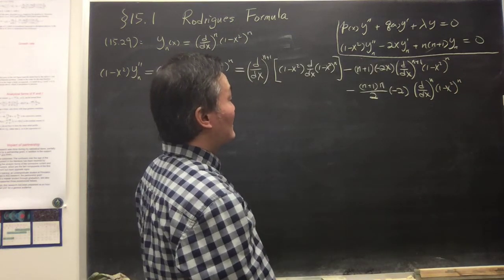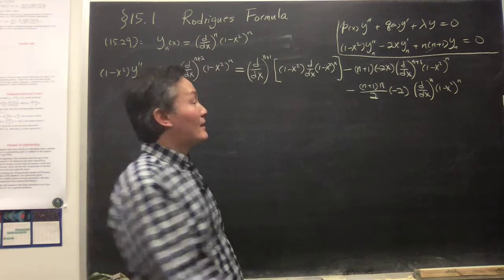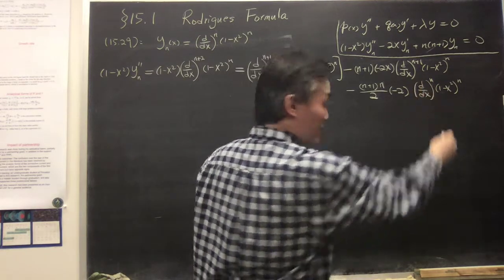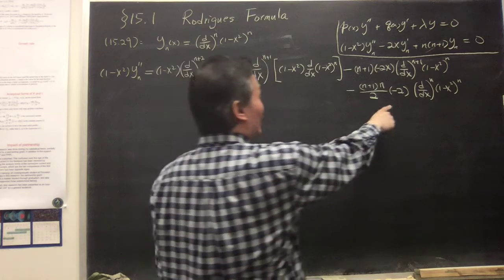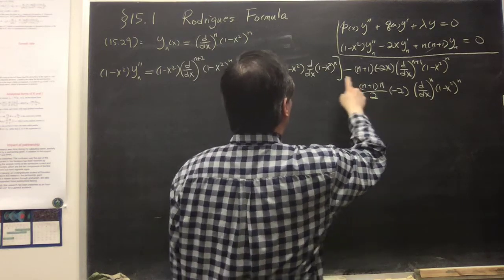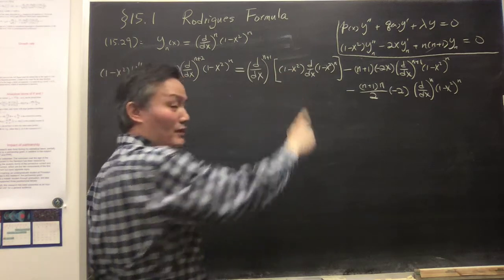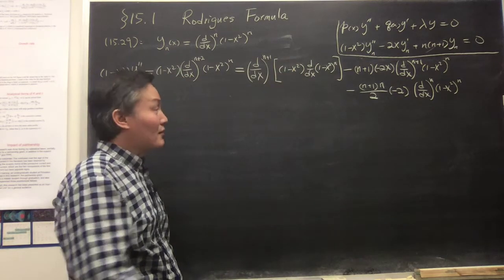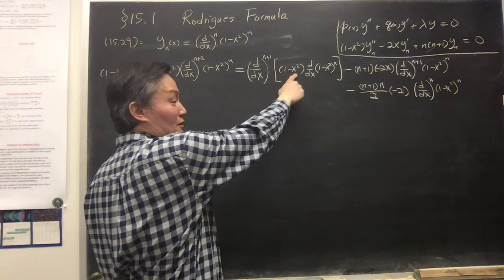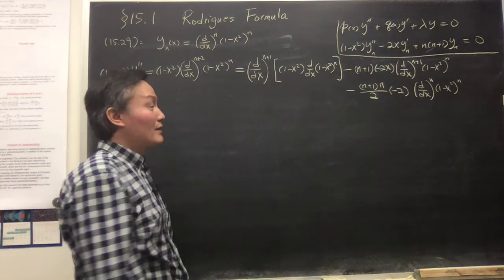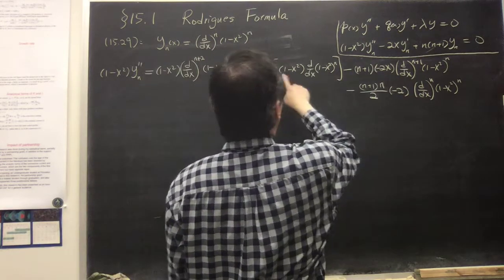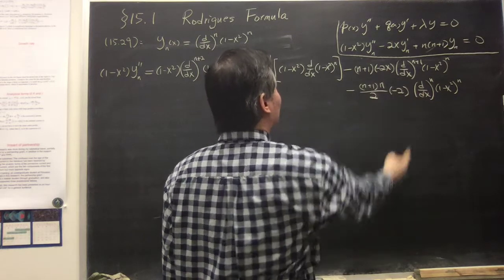Then supposedly you have higher order terms, but the third-order term would involve the third derivative of this one, and the third derivative and any higher derivative of this one will be 0, because this is just up to x^2. So this is all. This one, subtract this one, subtract this one.